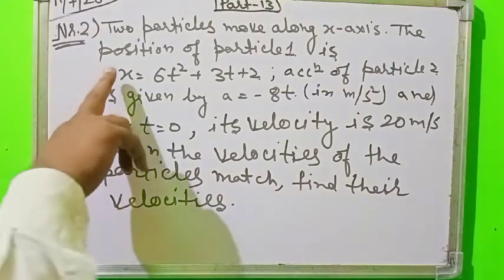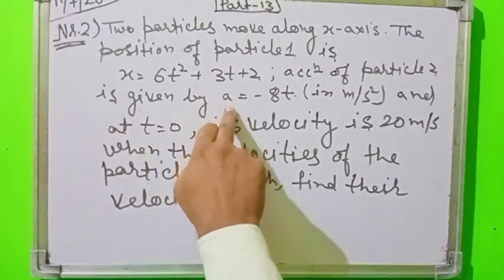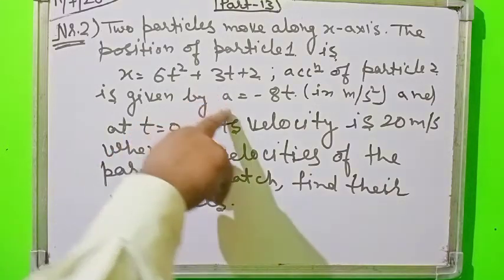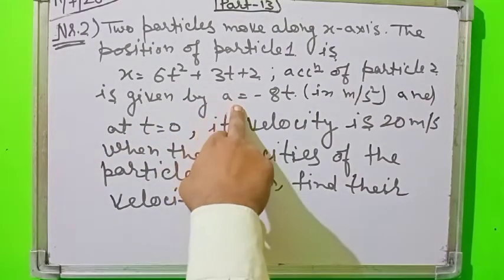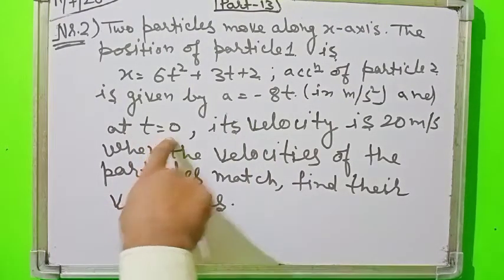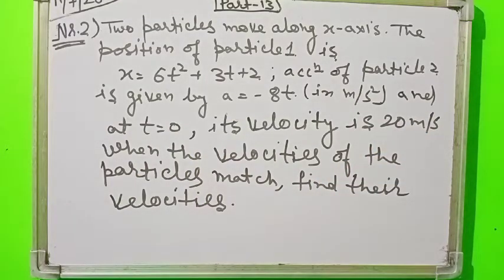Position is given in terms of time, so by dx upon dt you can calculate the velocity. Now the acceleration of particle 2 is given as a function of time, so from here you can also calculate the velocity by integrating it. At t is equal to 0, its velocity is given as 20 meter per second.